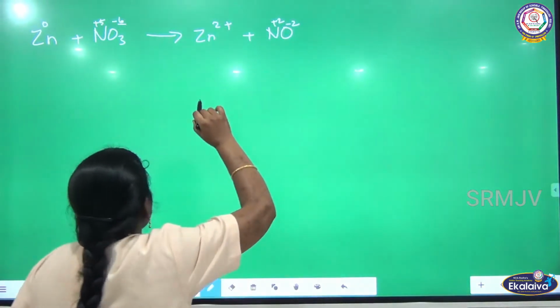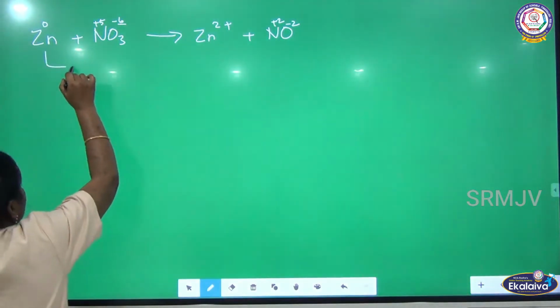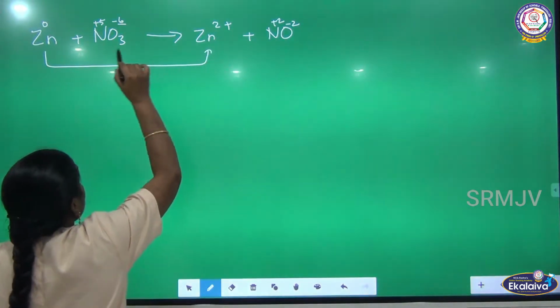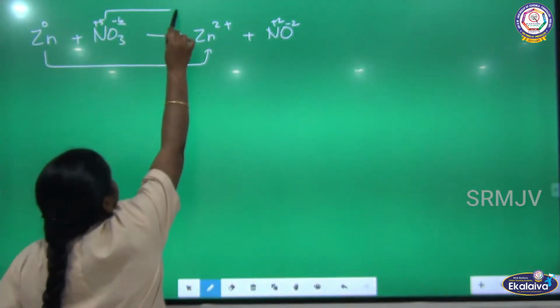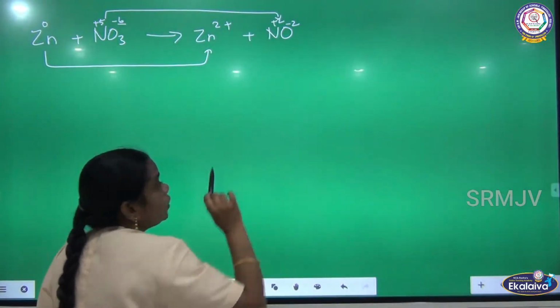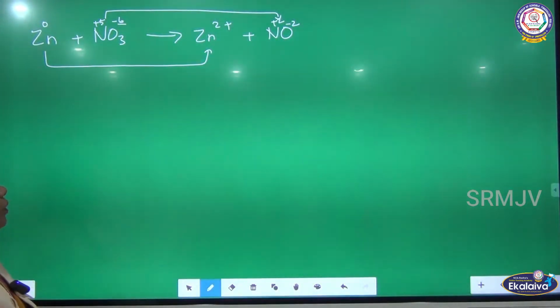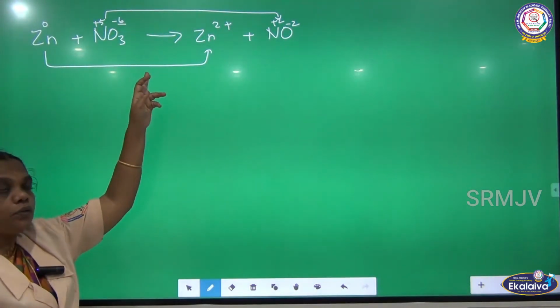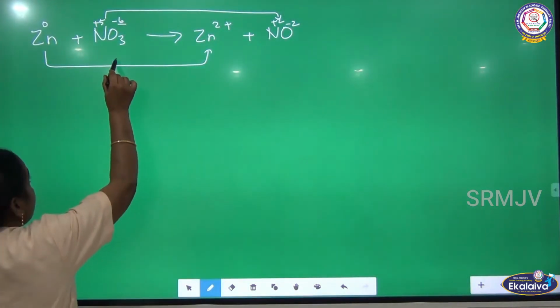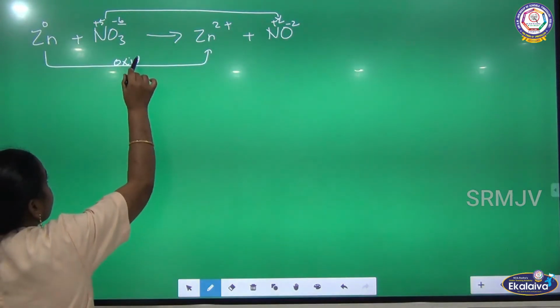Now you see that there is a change. The change in oxidation is from 0 to plus 2 and plus 5 to plus 2. So now you have to find out the increase in oxidation, 0 to plus 2. So here what type of reaction? Oxidation.